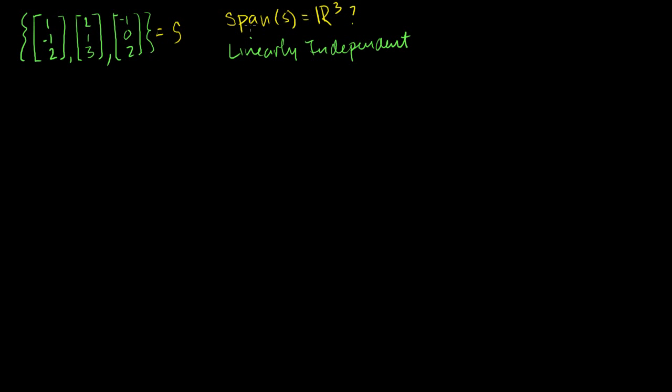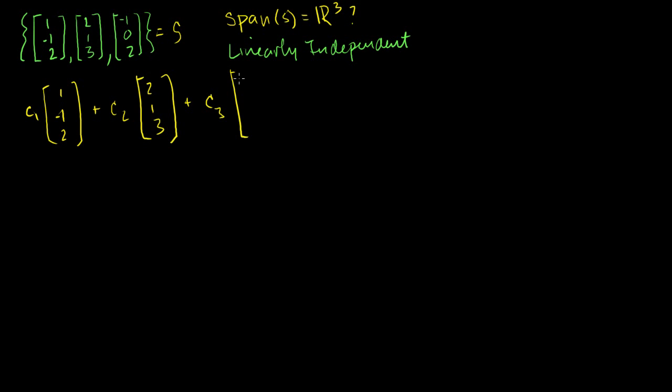So let's answer the first one. Do they span R3? To span R3, that means some linear combination of these three vectors should be able to construct any vector in R3. So let me give you a linear combination of these vectors. So I could have c1 times the first vector, 1, minus 1, 2, plus some other arbitrary scalar c2 times the second vector, 2, 1, 3, plus some third scaling factor c3 times the third vector, minus 1, 0, 2.